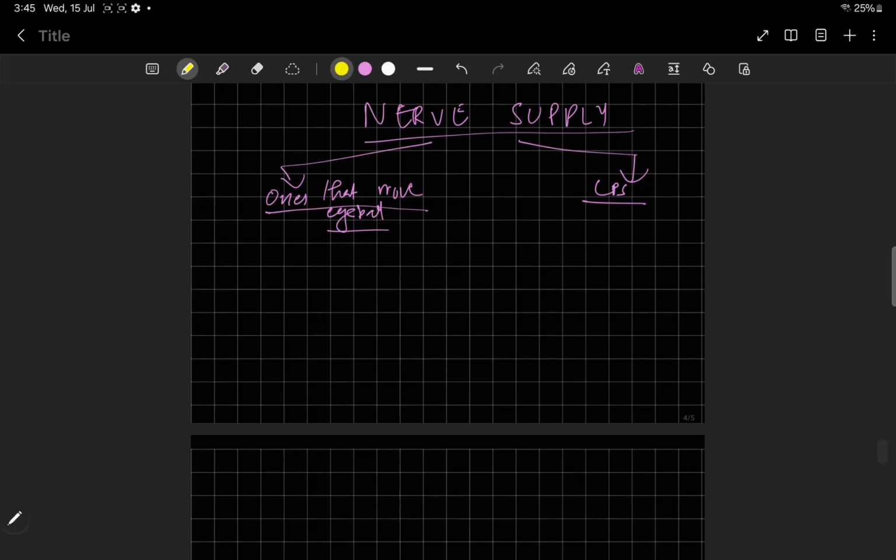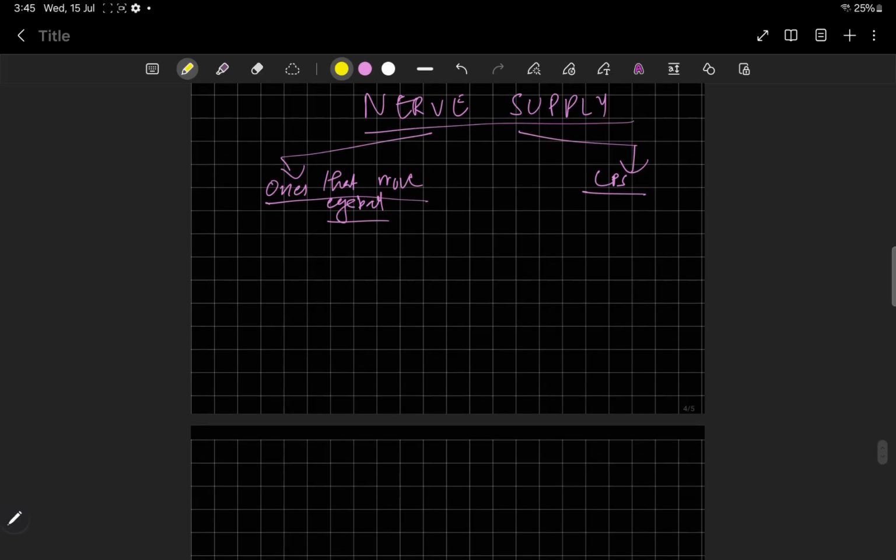Here all the muscles that move the eyeball except lateral rectus and superior oblique are supplied by oculomotor nerve, that is cranial nerve 3.